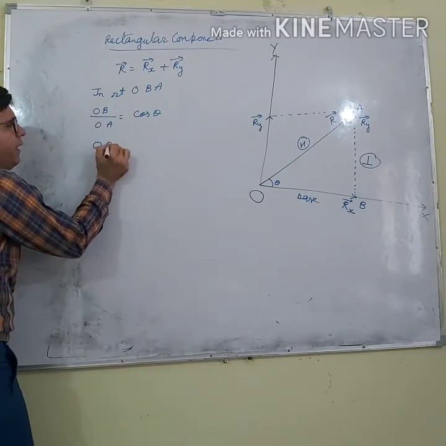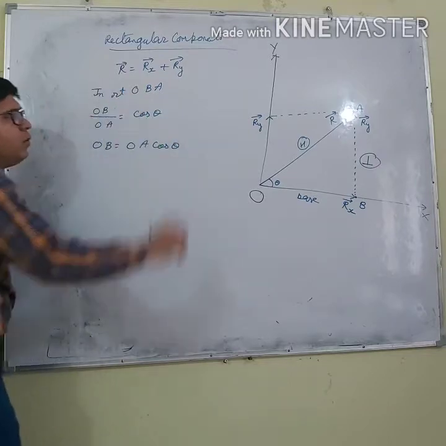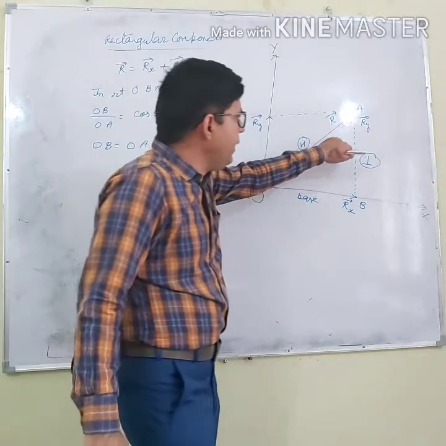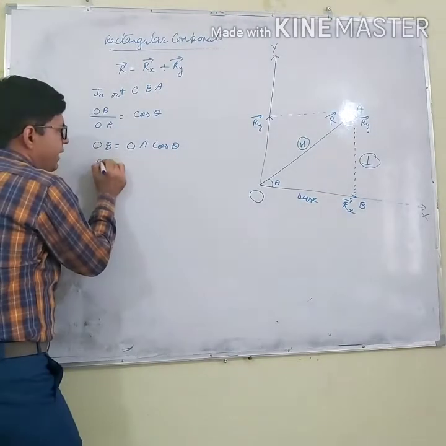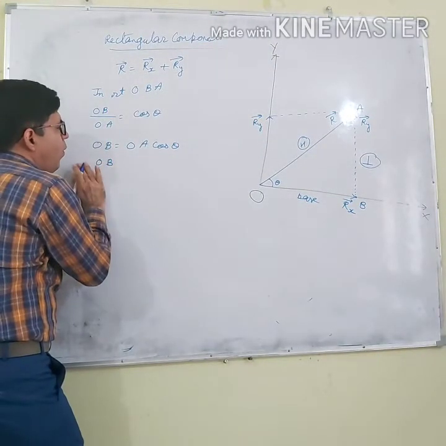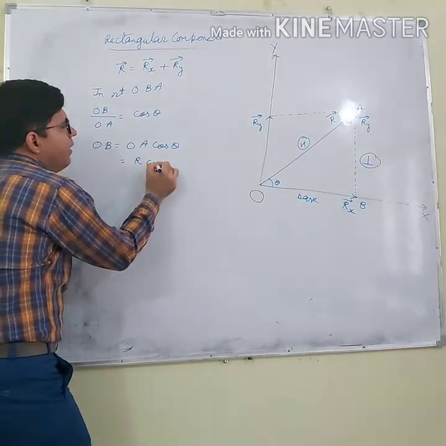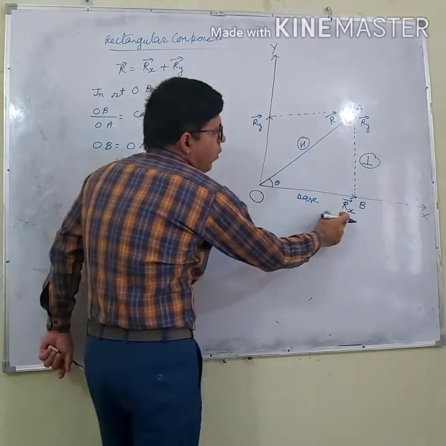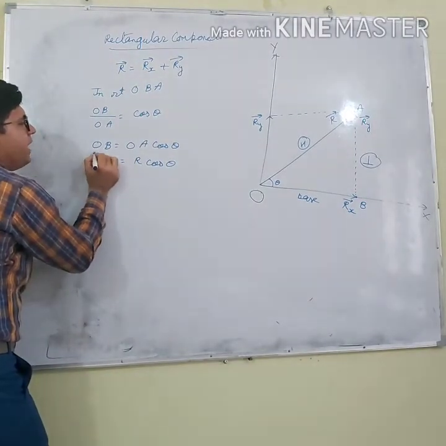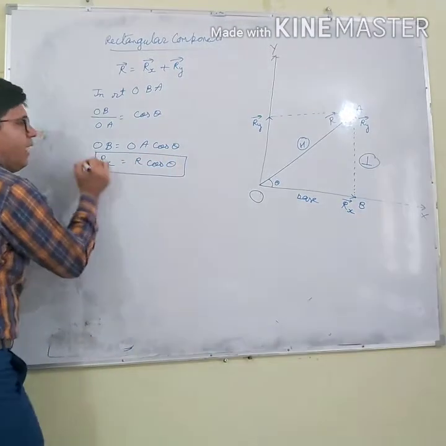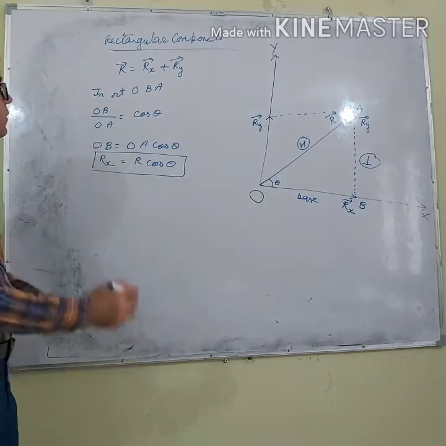So OB equals OA cos theta. What is OA? OA is R. So writing magnitudes, OB equals R cos theta. And OB is the component of R, so I write it as Rx. So this Rx equals R cos theta.